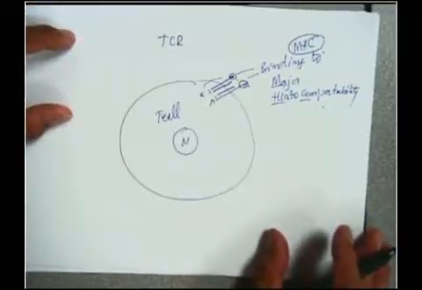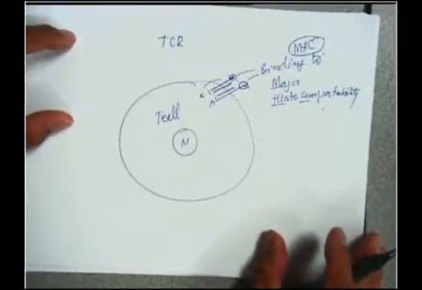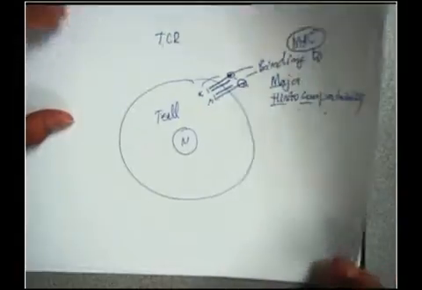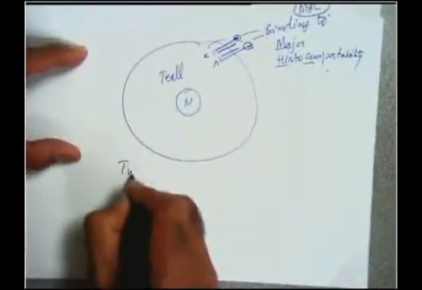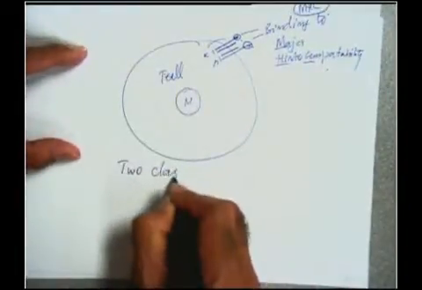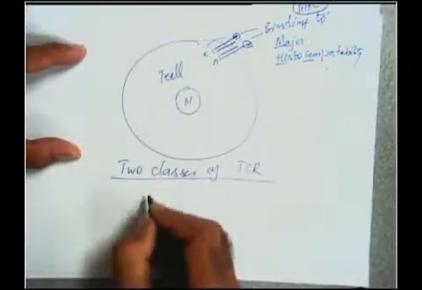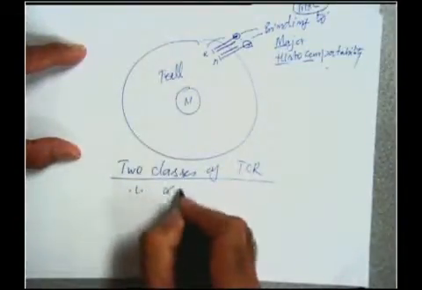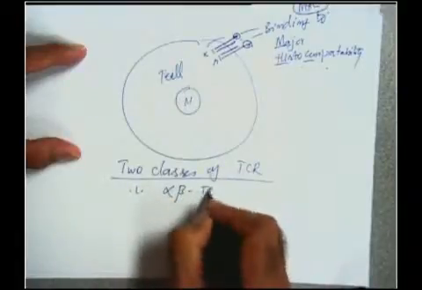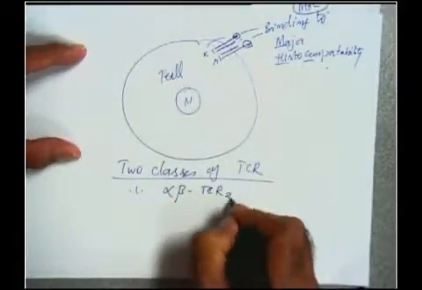So there are two classes of T cell receptors now. One is with the alpha and beta TCR, that is called TCR2.